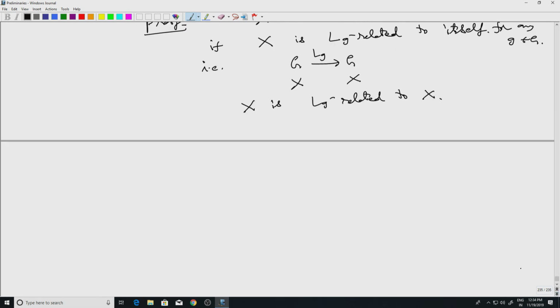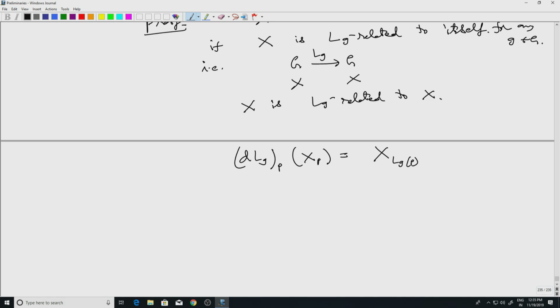Going by the definition of F-related, this just means that dL_g at a point p acting on X_p is equal to X at L_g of p. This is the meaning of being L_g related.